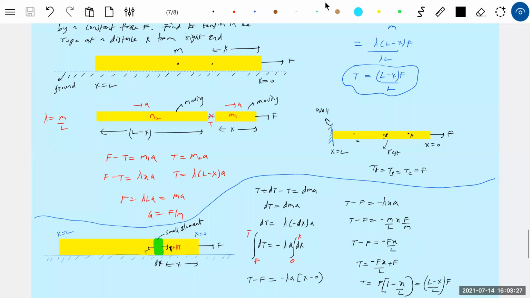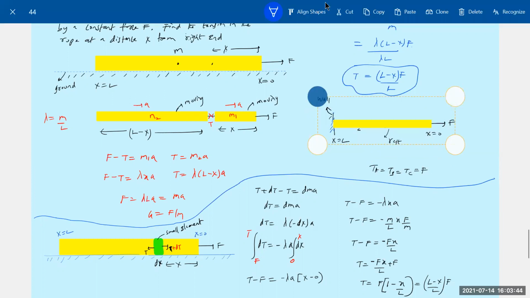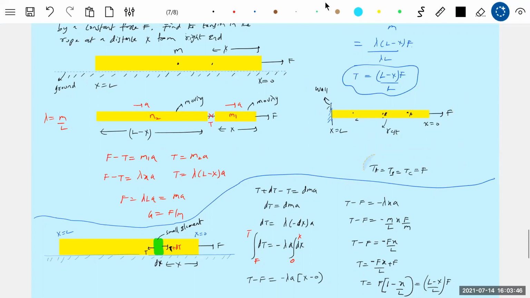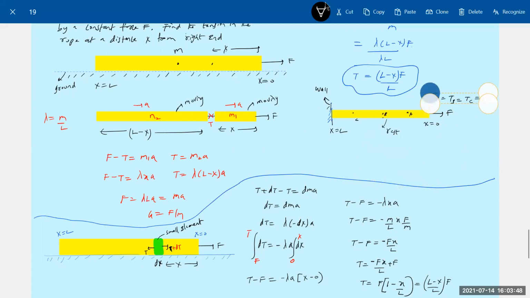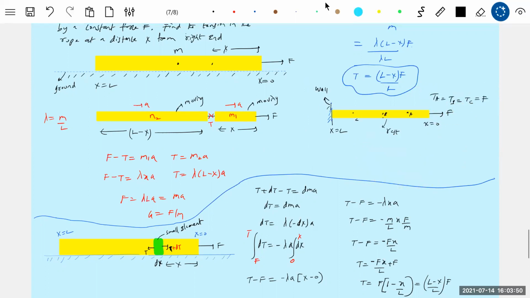Now I can justify it clearly. I'll take a small element. What should be the tension? Because what was the purpose? We have to justify this one, no? I'll justify it now with this mathematical thing that we know.